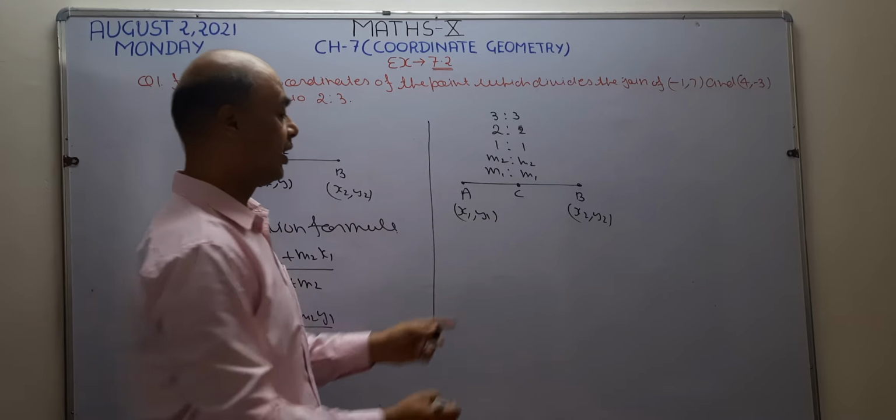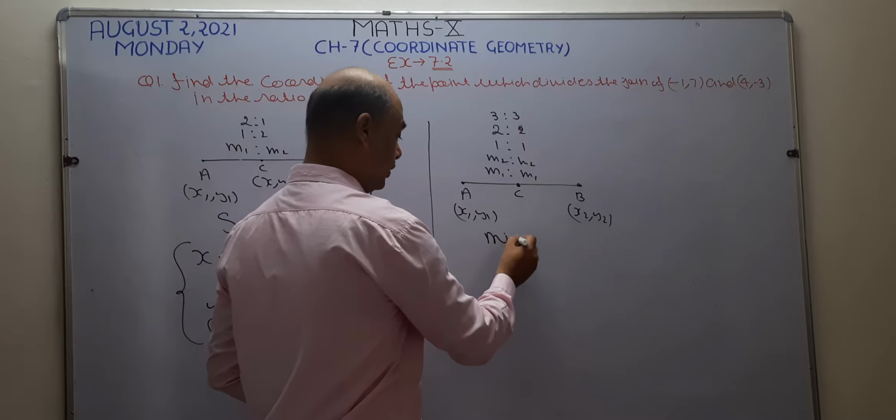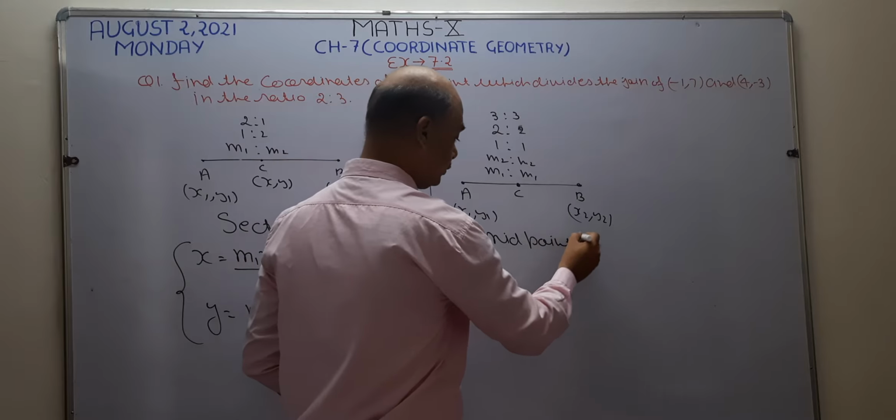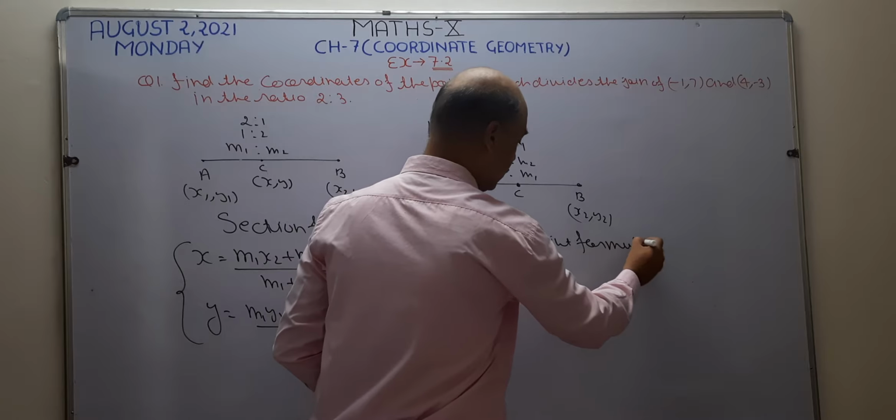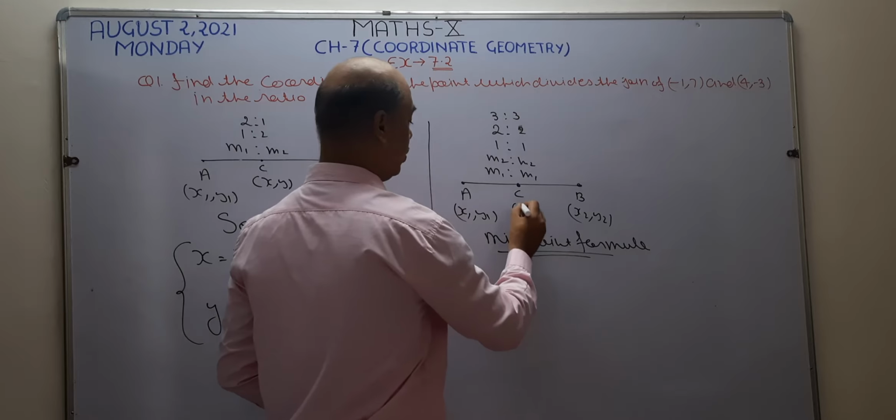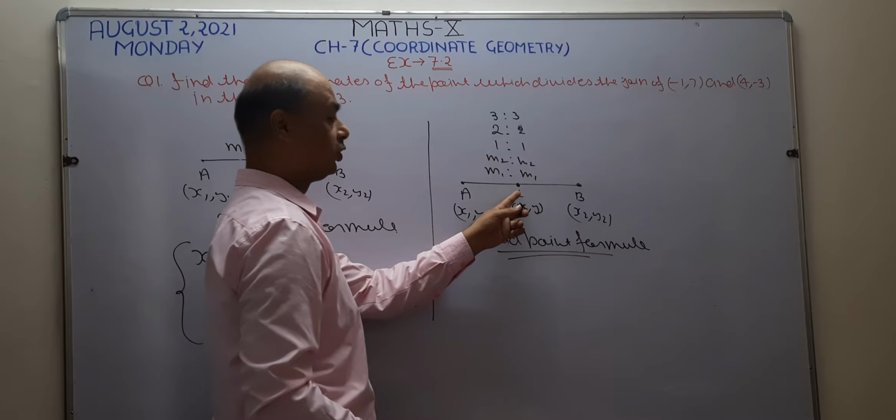Then we use the midpoint formula. In the midpoint formula, we again find the coordinates of C.